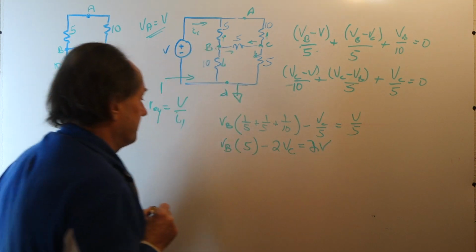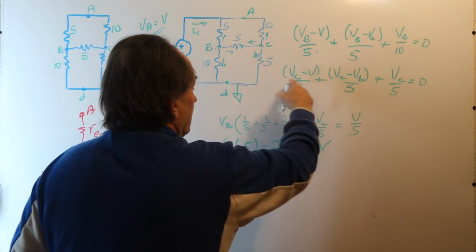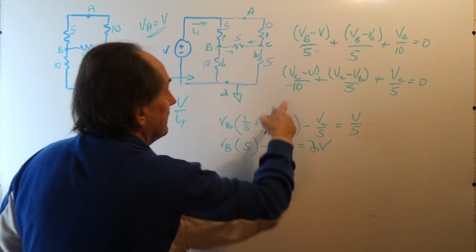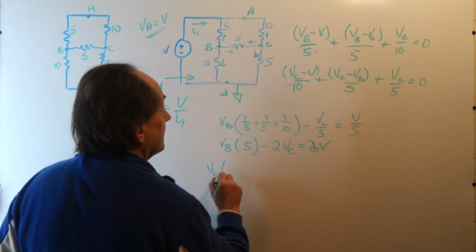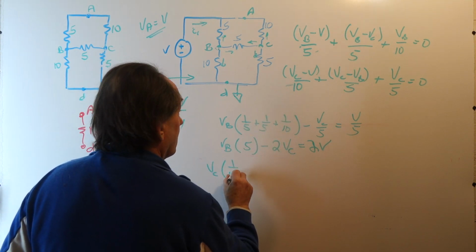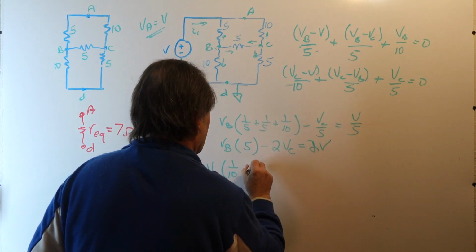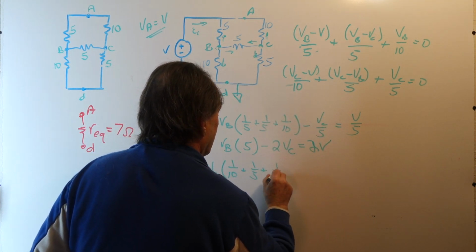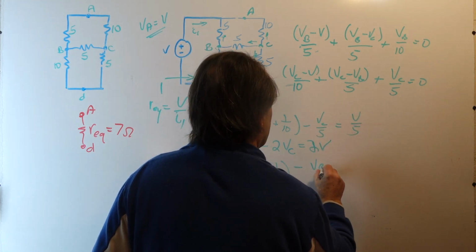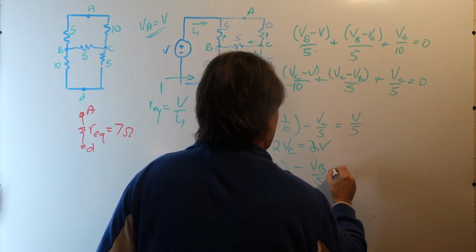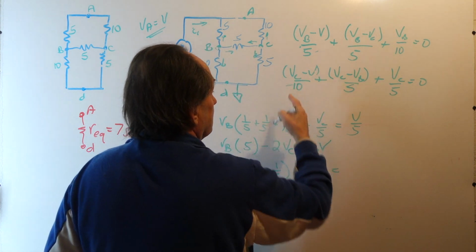2V. The second equation, let's combine terms. We have VC times 1 over 10 plus 1 over 5 plus 1 over 5, minus VB over 5, equal to V over 10.